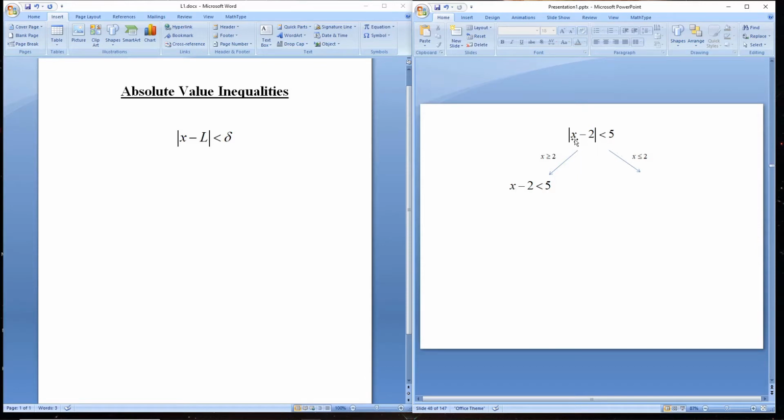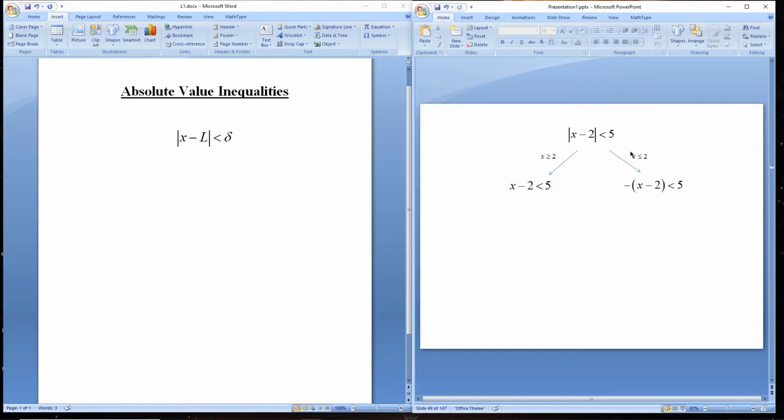Now, what if x is less than 2? So that's this case over here. If x is less than 2, then this quantity will be negative. x minus 2 will be negative. And then the absolute value turns that to a positive. Well, how can we make a negative number positive? We can multiply it by a minus sign.